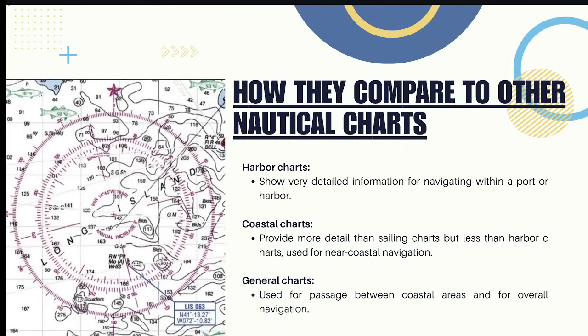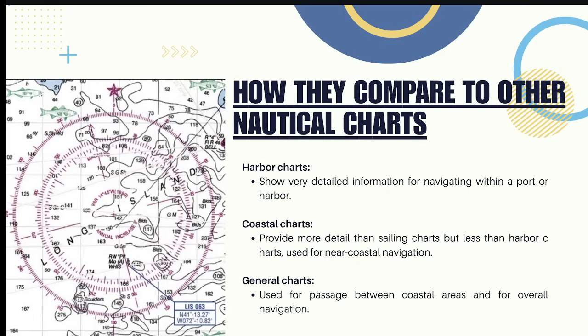So how are we going to compare this with the other nautical charts? We have nautical charts that are very important in maritime safety, and they vary in scale and purpose.